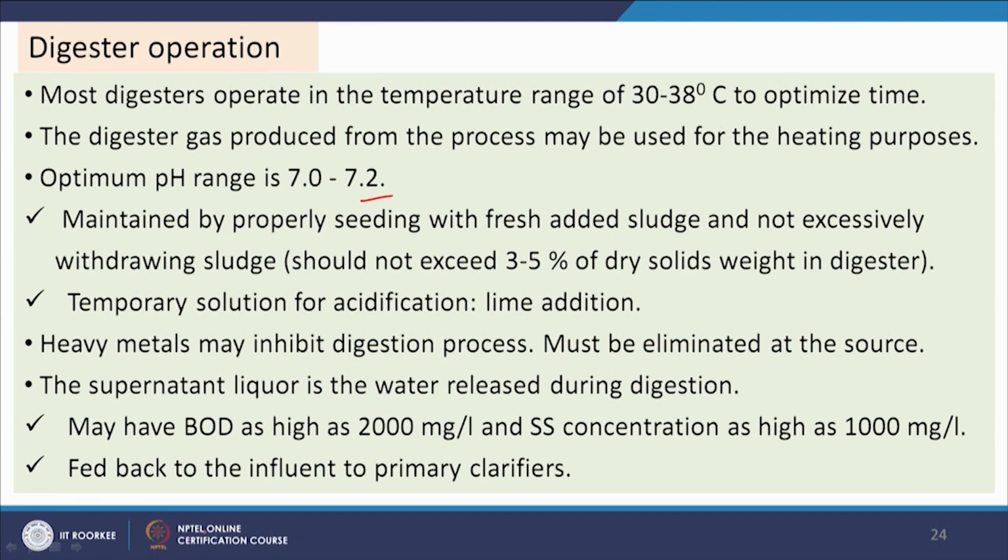So, when sludge goes through anaerobic digestion, that gives us the supernatant liquid that requires further treatment. But by this process we also get some solids that are useful, and we also get biogas from it. The water which we get here can be fed back to the influent to the primary clarifiers, so again it will enter the effluent treatment plant.